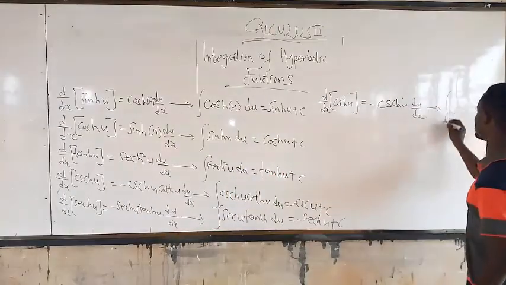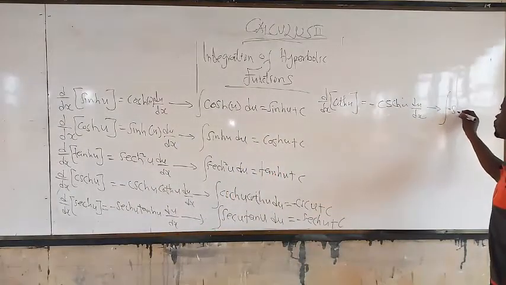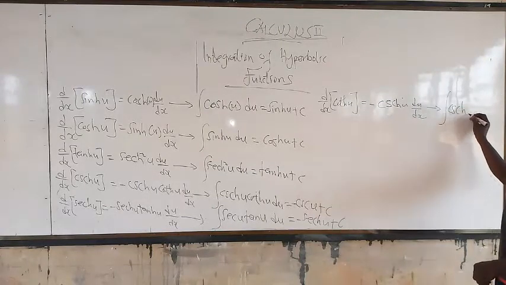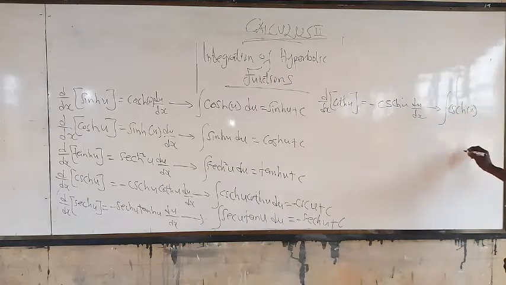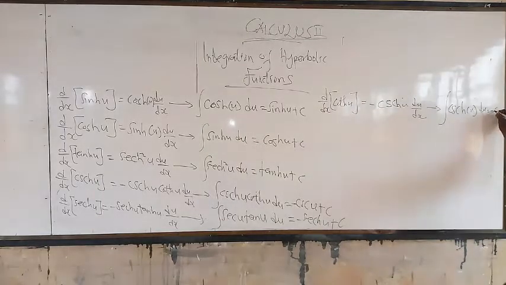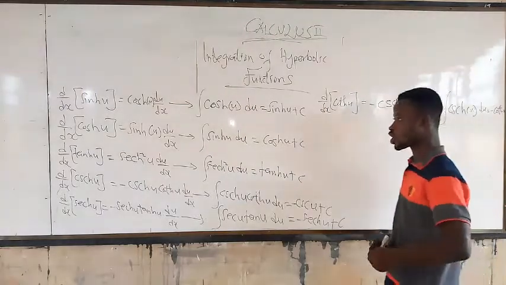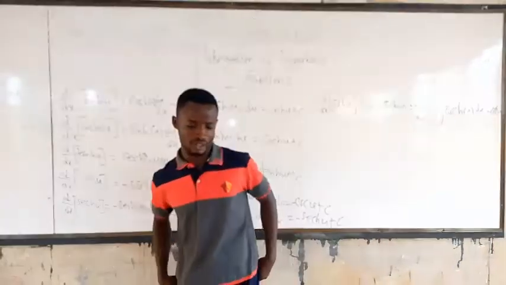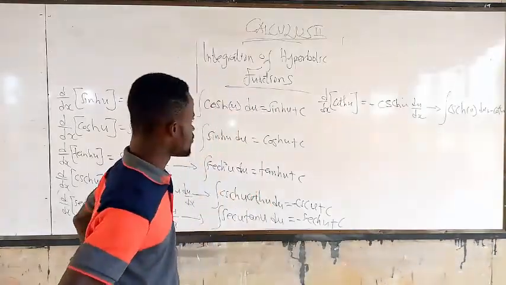That means that when you integrate negative cosec squared u du, you are going to get negative cot u. So that is going to be that. Alright? Very good.